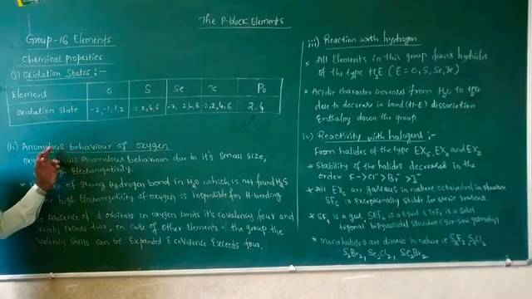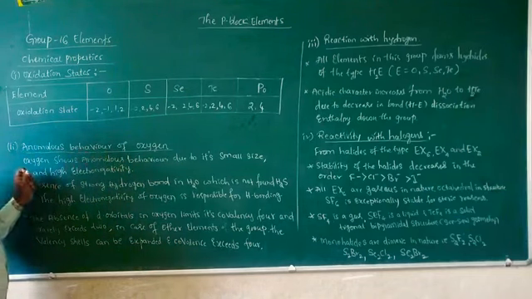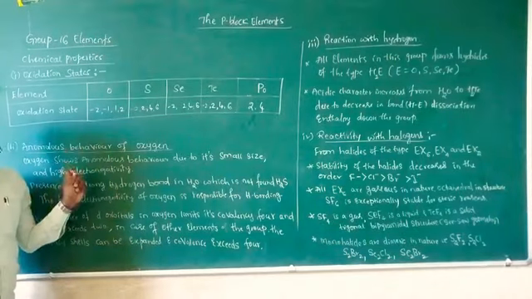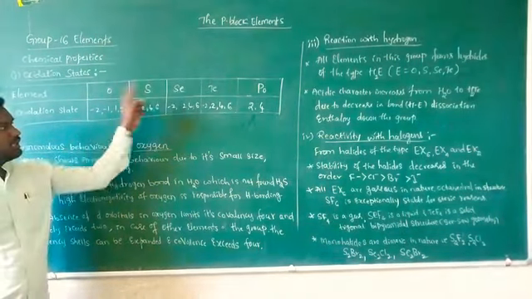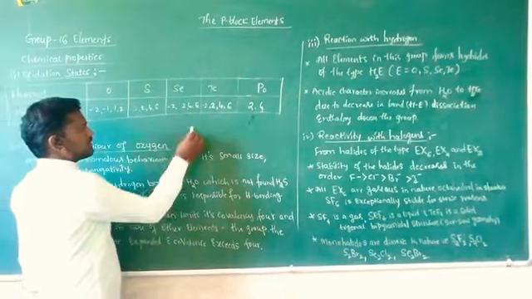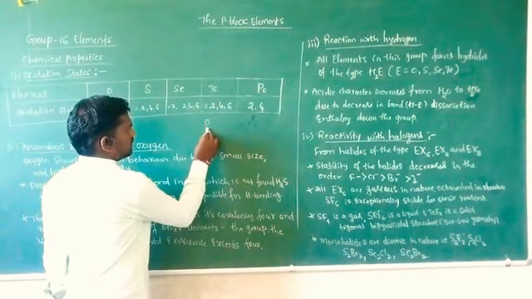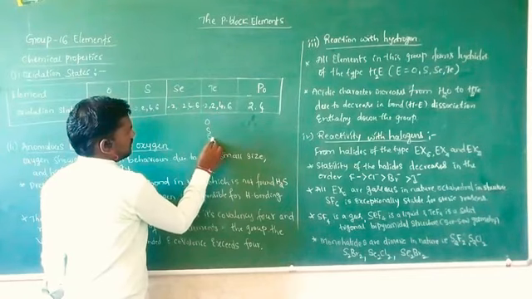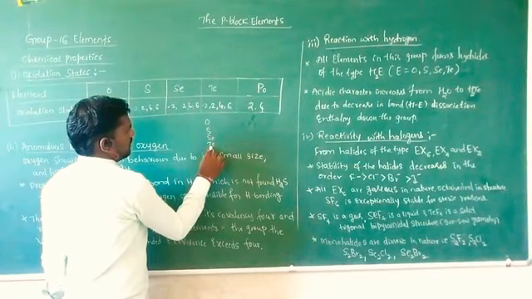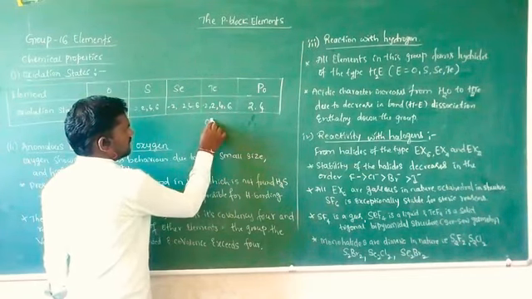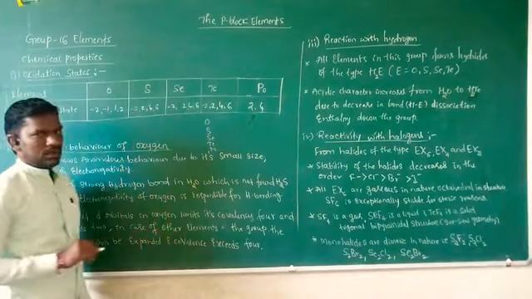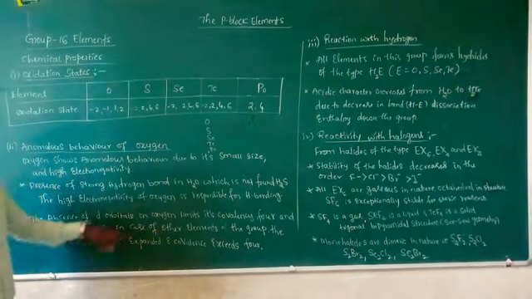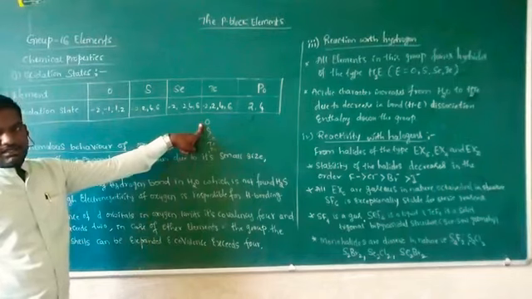Anomalous properties, or behavior, of oxygen. Why does it show anomalous properties compared to all other elements? In group 16 there are 5 elements: oxygen, sulfur, selenium, tellurium, polonium. Oxygen is the first element and has a very small size.